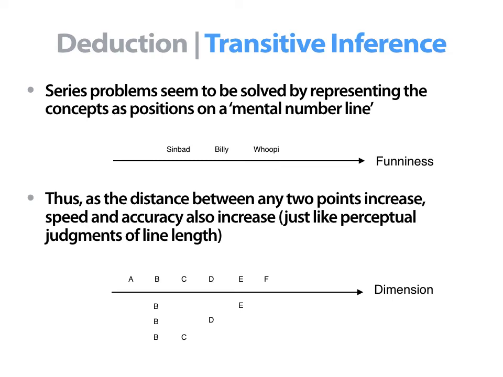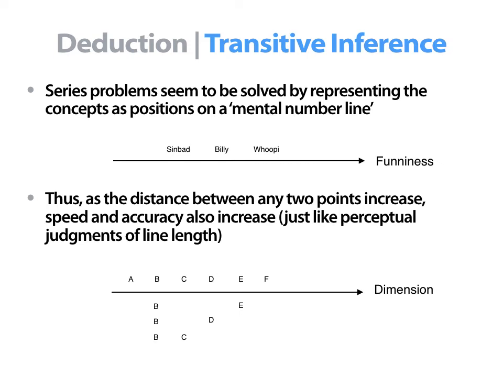And when we find out that Billy is funnier than Sinbad, we put Billy to the right of Sinbad. And now when we're given a problem, who's funnier, Whoopi or Sinbad, we can simply visualize their positions and see that Whoopi falls further to the right than Sinbad, and therefore know that Whoopi is funnier than Sinbad.